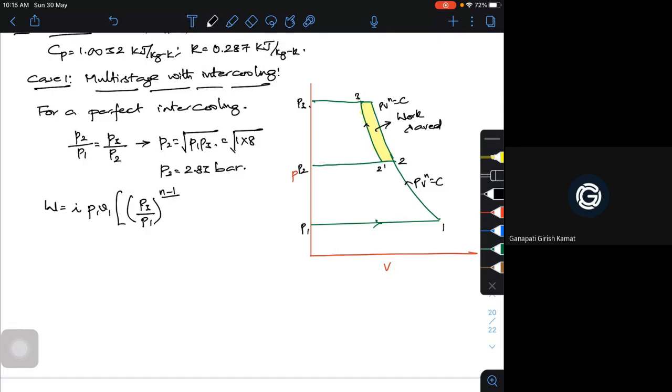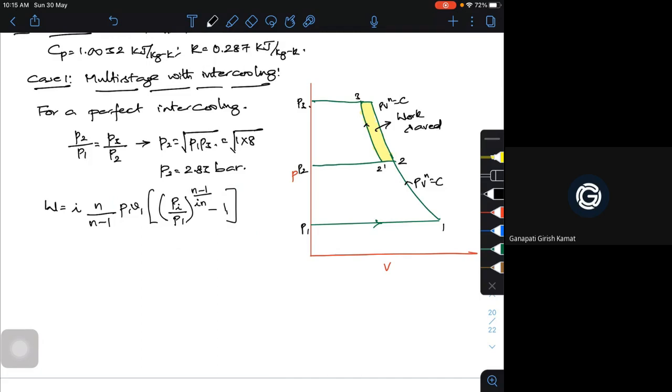Sorry, I left out n minus 1. So use I into n by n minus 1 into P1 V1 into Pi by P1. So this is the formula.